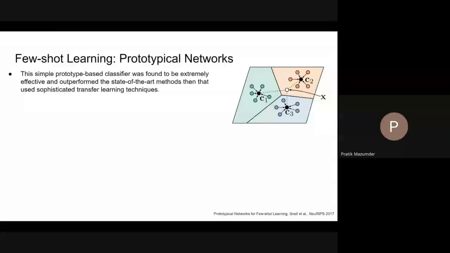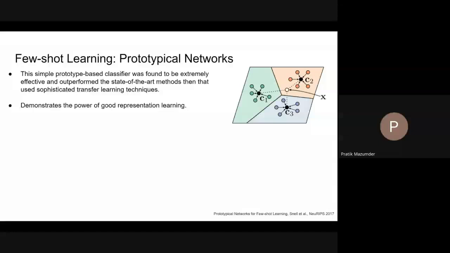As I've already mentioned, this was found to be extremely effective, and it was also beating at least the state-of-the-art methods in those days. And those methods were actually using a lot of complicated setup. They were using an LSTM to sequentially learn a new model for evaluating the novel classes.